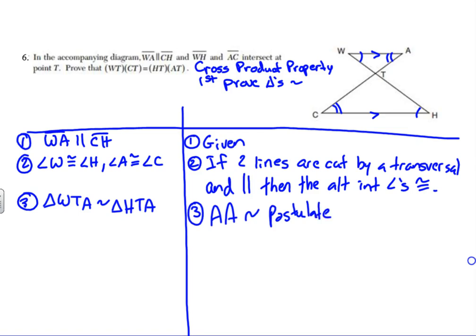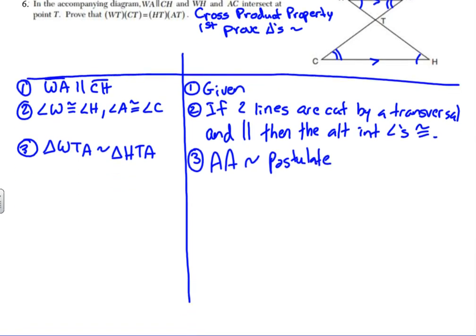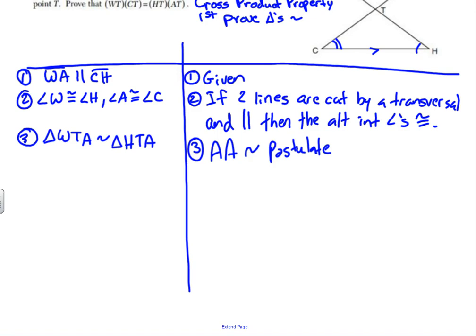Here's where my board starts going nuts on me again. All right, now again, I like to work backwards on this, so I'll show you how I do it. I like to do the last step, WT times CT.